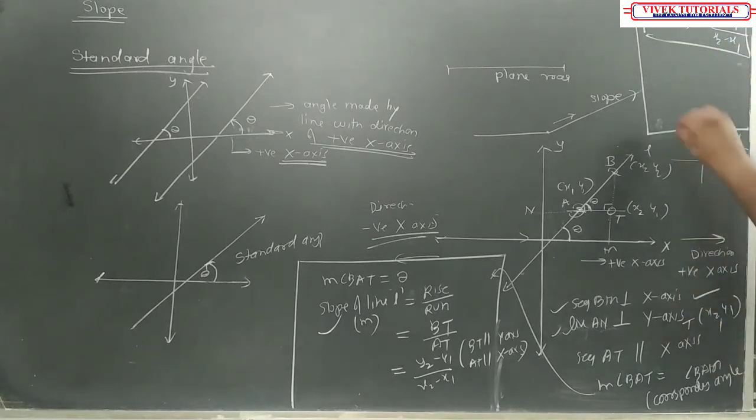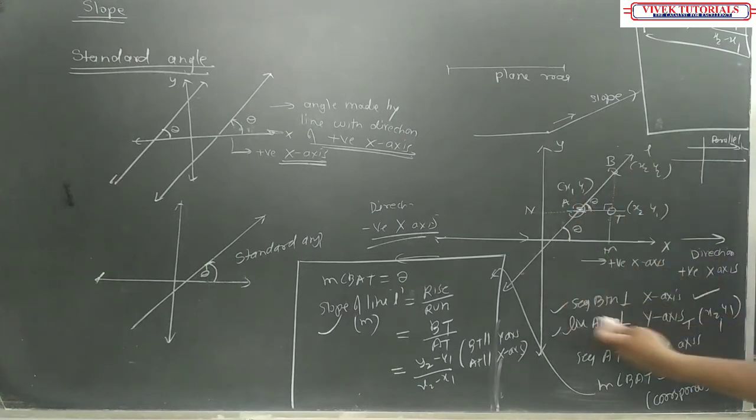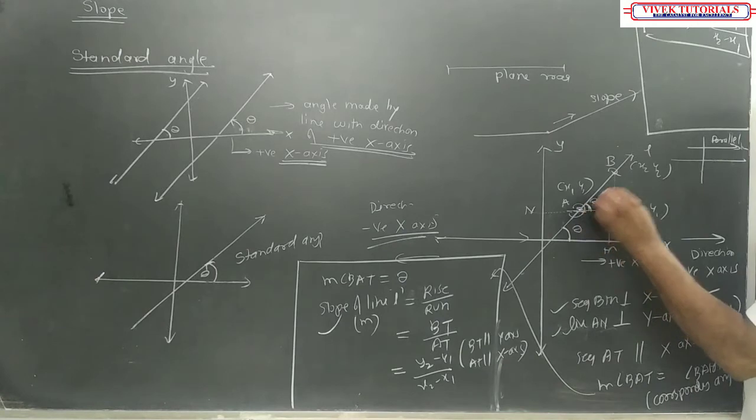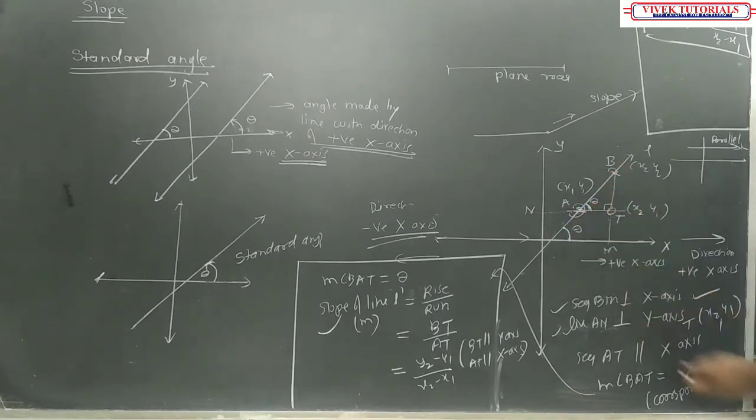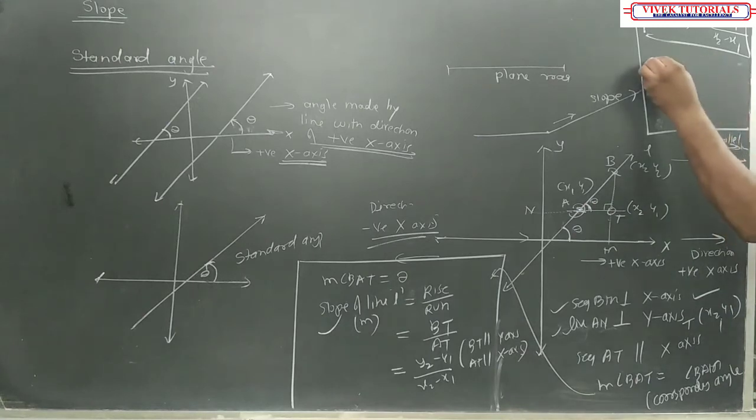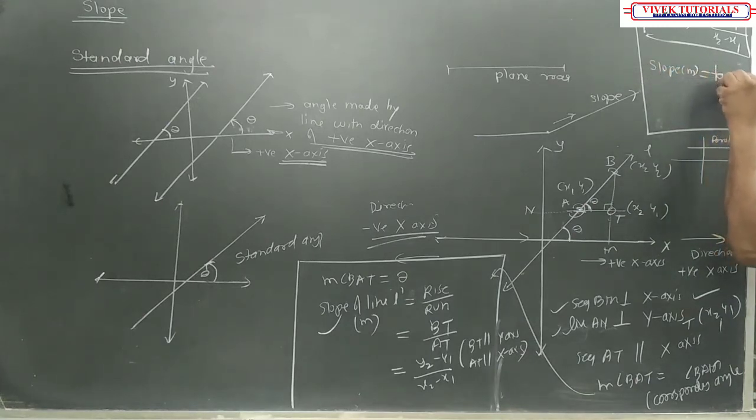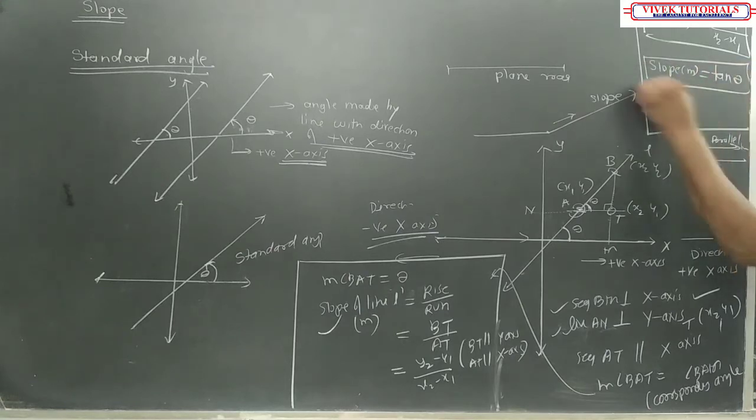But a smart student who studied trigonometry last year will see that BT is the opposite side and AT is the adjacent side. So what I can write then is slope m is equal to tan theta. Slope m is equal to what? Tan theta.